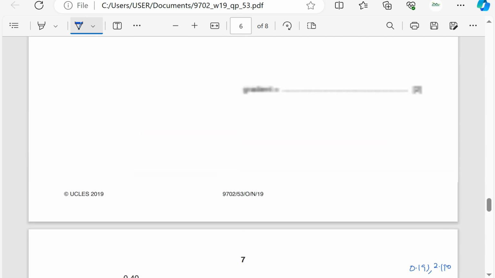So I think the first one was 0.193 against 2.190, 0.253 against 2.312, 0.294 against 2.398, 0.330 against 2.484, 0.364 against 2.550, 0.389, is it 89?